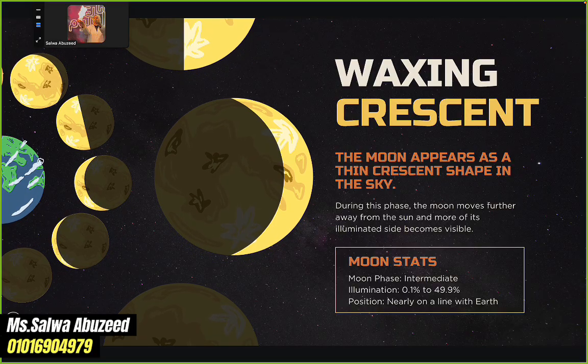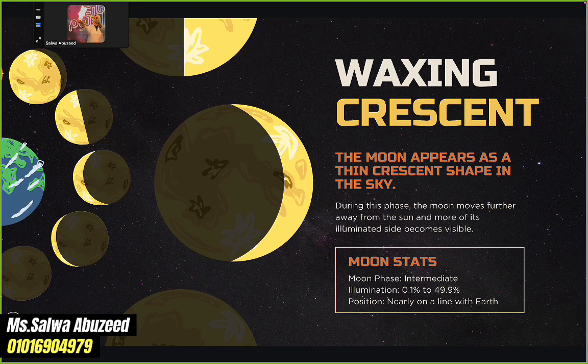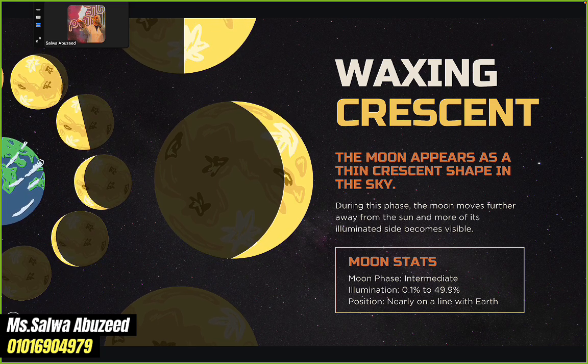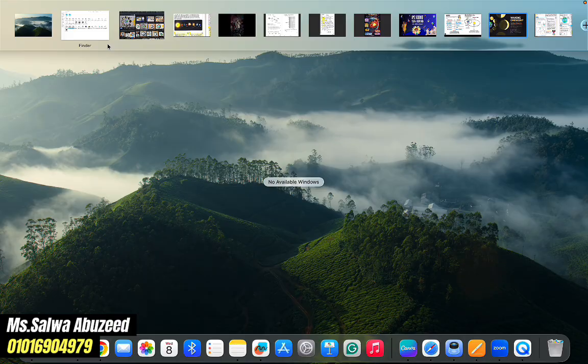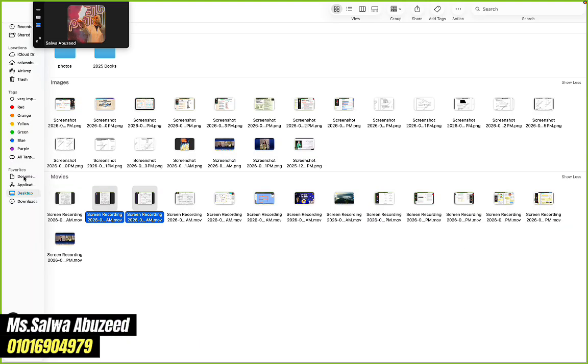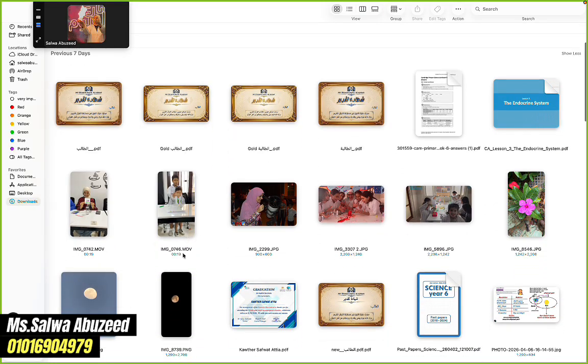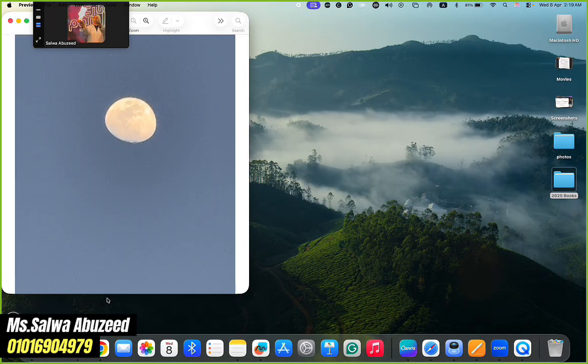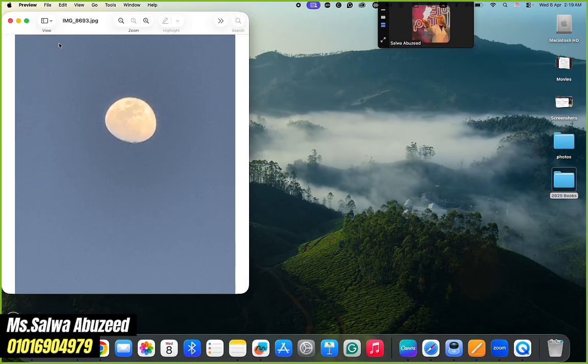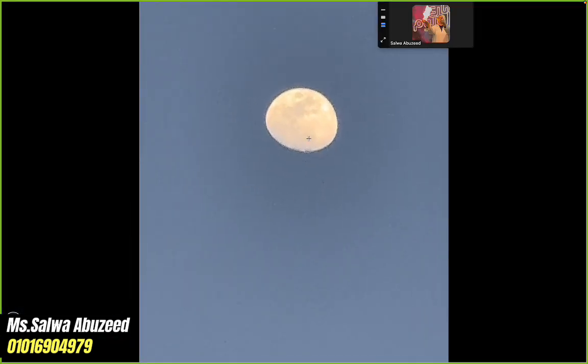And so I'm going to show you two pictures I took. I want you to praise me for taking pictures, my friends. I'll show you now. Where are the pictures? Okay. Look over here. I took this. And over here, it is a gibbous, 100%.